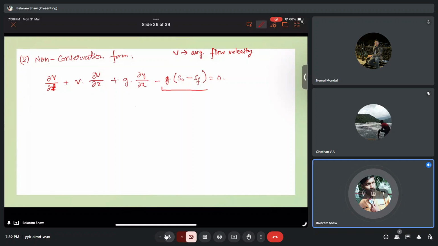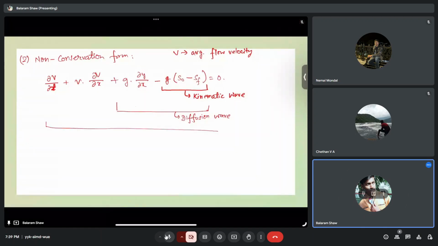Okay, so if you just consider this term, this is the kinematic wave term. If you consider both terms from here to here, we call that the diffusion wave term. And if you consider the whole equation, we call that the dynamic wave equation.